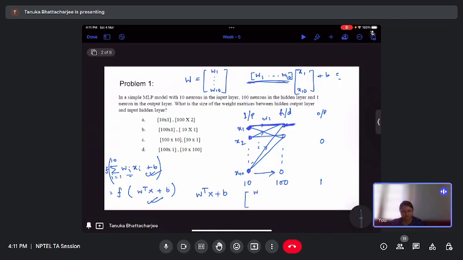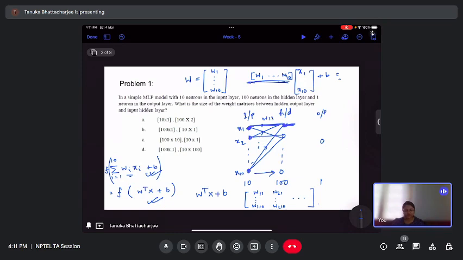So, w1, let's now make it w11, corresponds to the first neuron, let's say. So, w11 to w110, then you will have w21 to w210, like that you can concatenate all the weight vectors, and you can do the entire computation as a whole in W transpose X plus B.